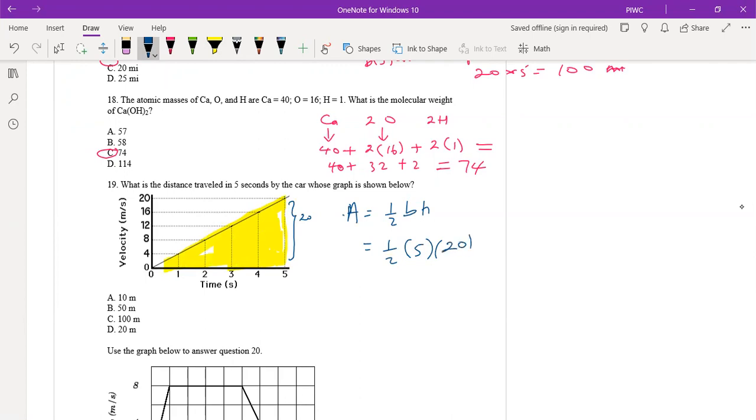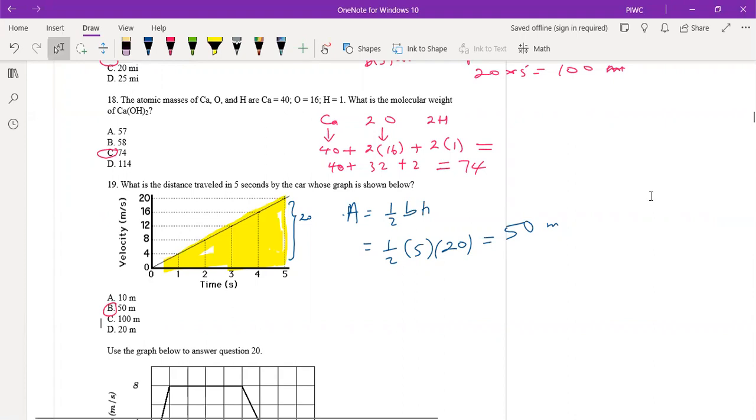So times 20. So that gives us 50. No, let me see. Yeah, half of 5 times 20, that's 50. So 50 meters. So it should be B. B.